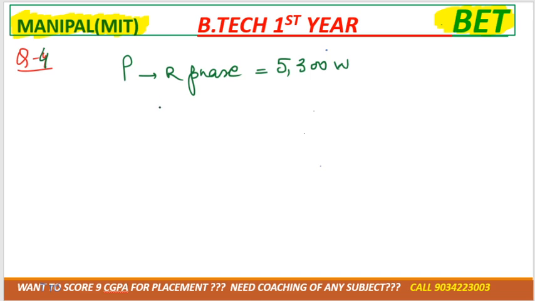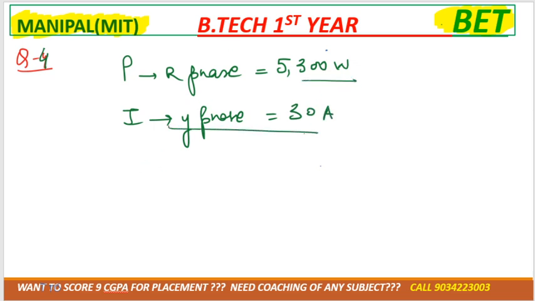And ammeter connected to Y phase means current across Y phase is 30 ampere, right? So as I told you, current is the same. So P is equal to I square R. Power is given, current is given, we can get R.